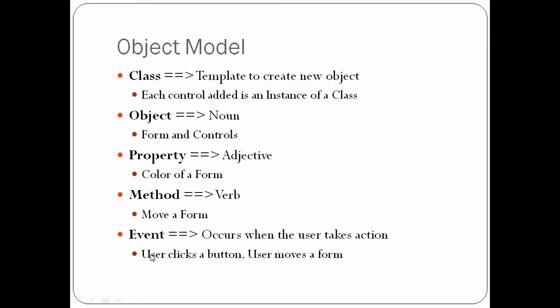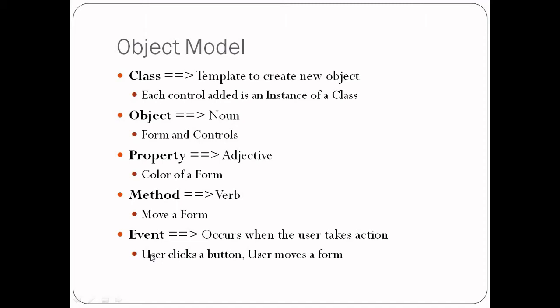For example, if I click on a form, it should display my name. So clicking on a form is an event. So any action that a user or a programmer initiates, when something happens, it is called an event. Or in simple terms, an event is nothing but user actions like key press from the keyboard, mouse clicks, mouse movement, etc. Upon these actions, some action will be triggered, that is called an event.